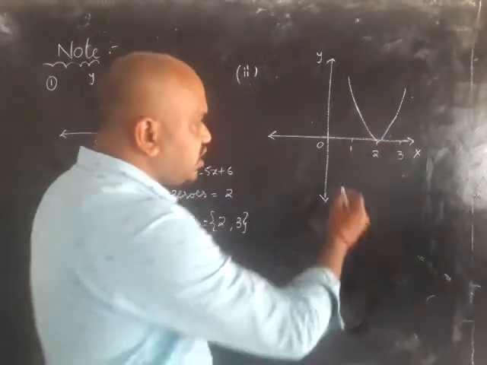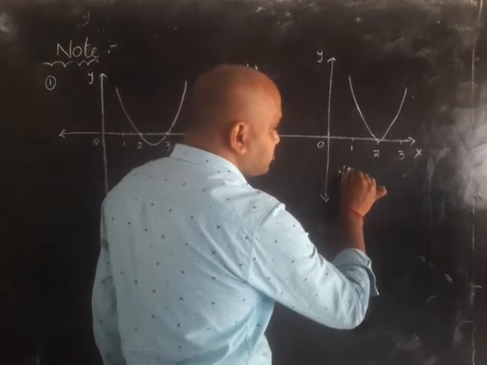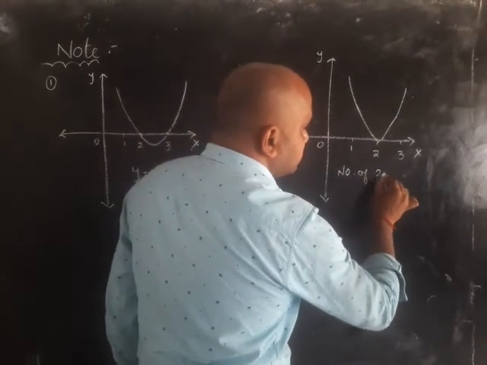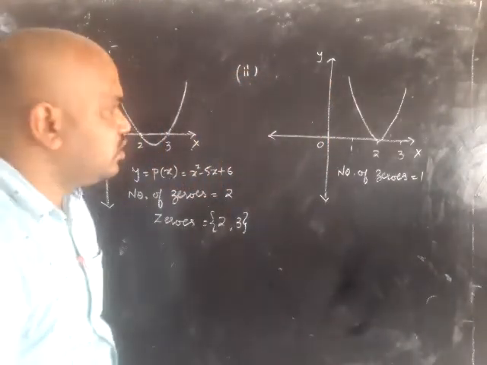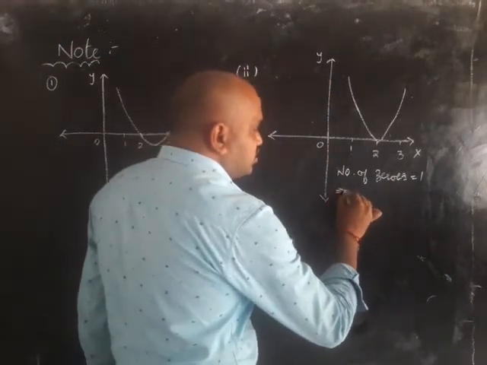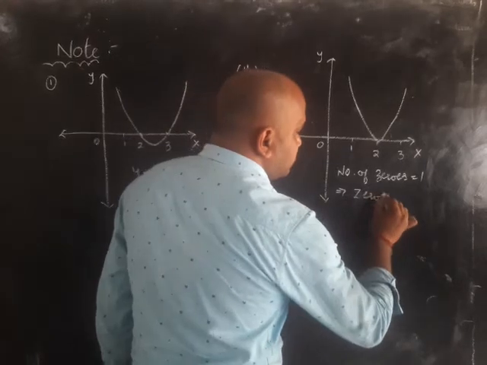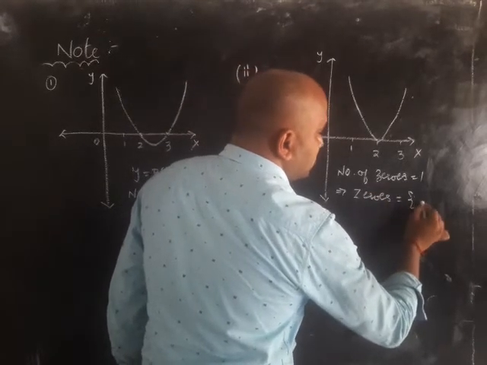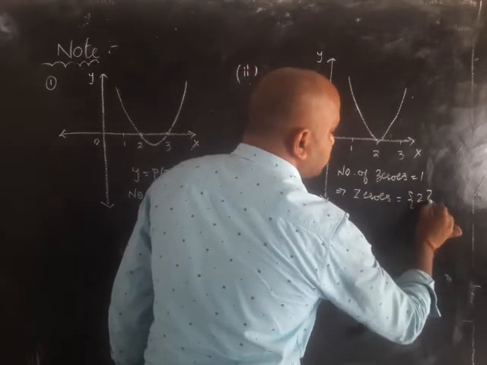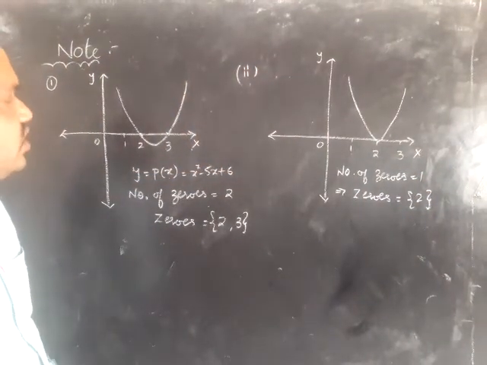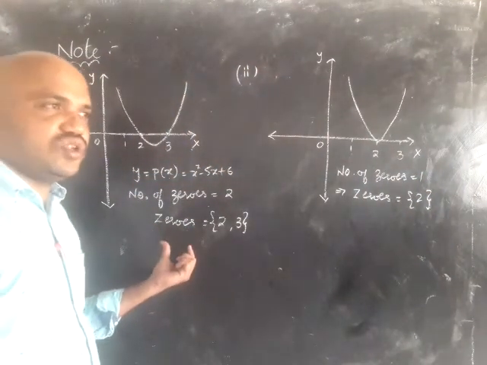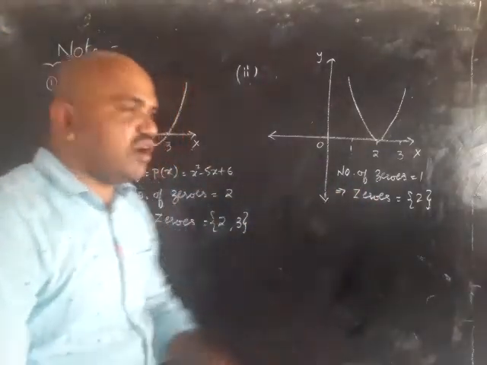So here the number of zeros will be equal to 1. So zero is only 2. 2 is the zero of the polynomial. So here we have seen the two zeros, here we have seen the one zero.